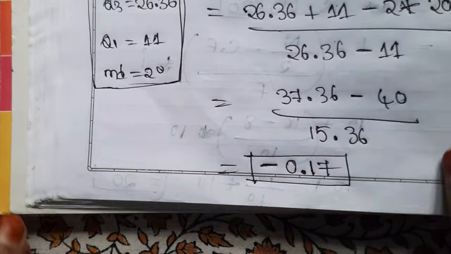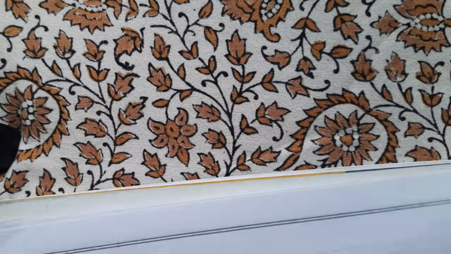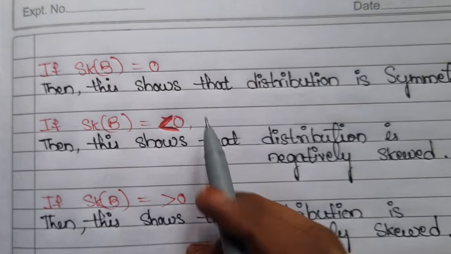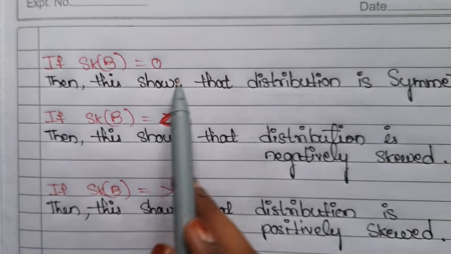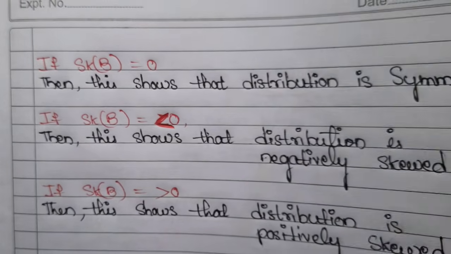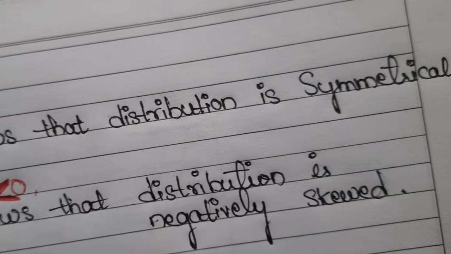Yes or no? So we are having a few rules on this skewness. Let me show you what those rules are. See, if the skewness equals 0, then this shows the distribution is symmetrical.